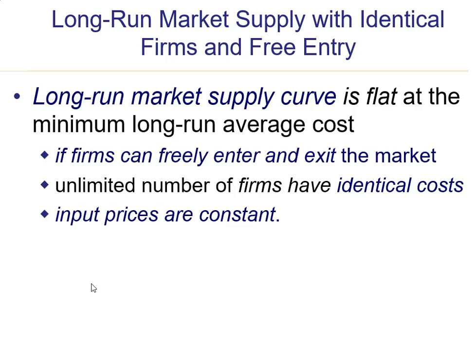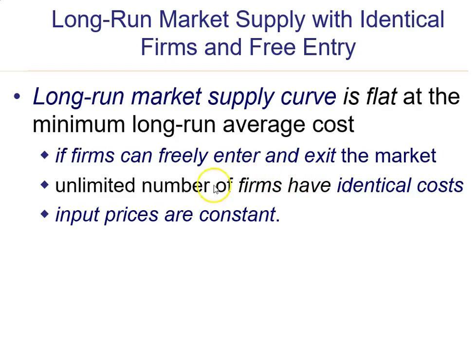So when we have identical firms, in the long run, the market supply curve will be flat. And this flat horizontal market supply curve will occur at the minimum of the long-run average cost curve, as long as three conditions are met. First condition, firms can freely enter and exit the market.